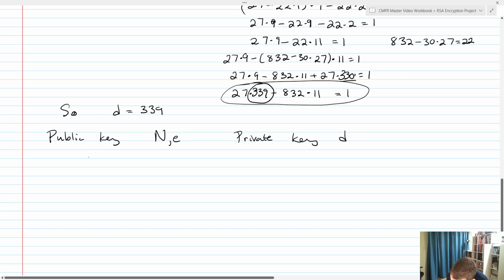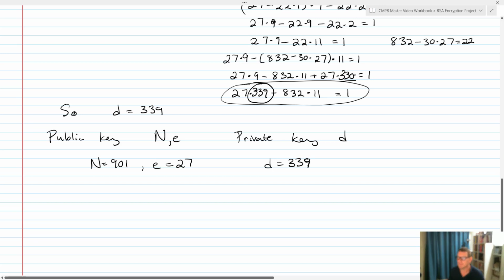So in my case, N equals 901, E equals 27, and D is going to equal 339. And there we go. And so that ends up being my encryption key.